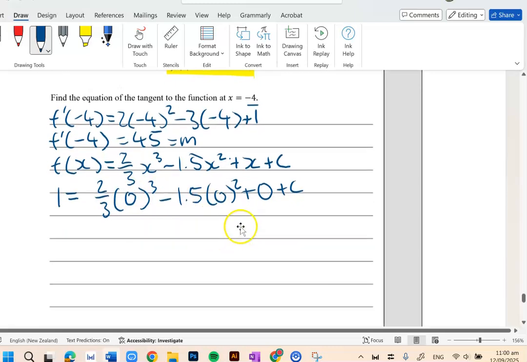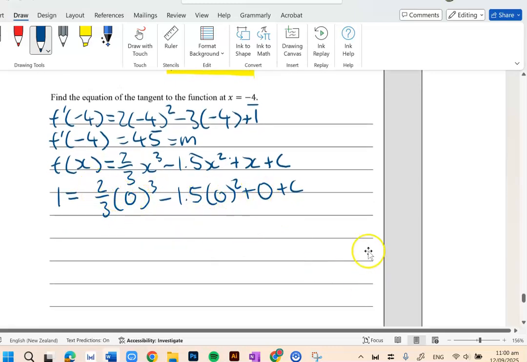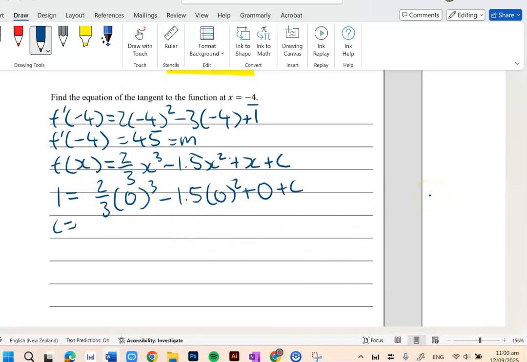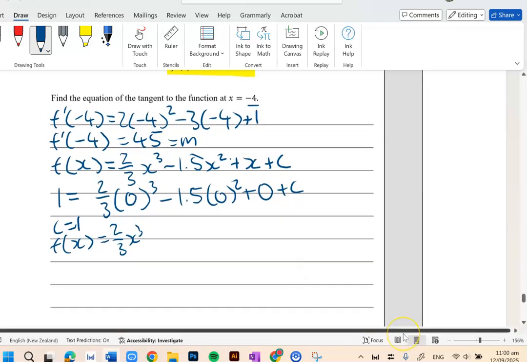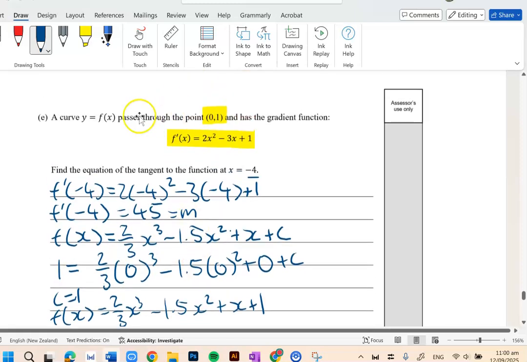So all of this, that's 0, that's 0, that's 0. So that means c just equals 1. So we'll have f of x equals 2/3 x cubed minus 1.5 x squared plus x plus 1. Alright, that's our original equation that we had.